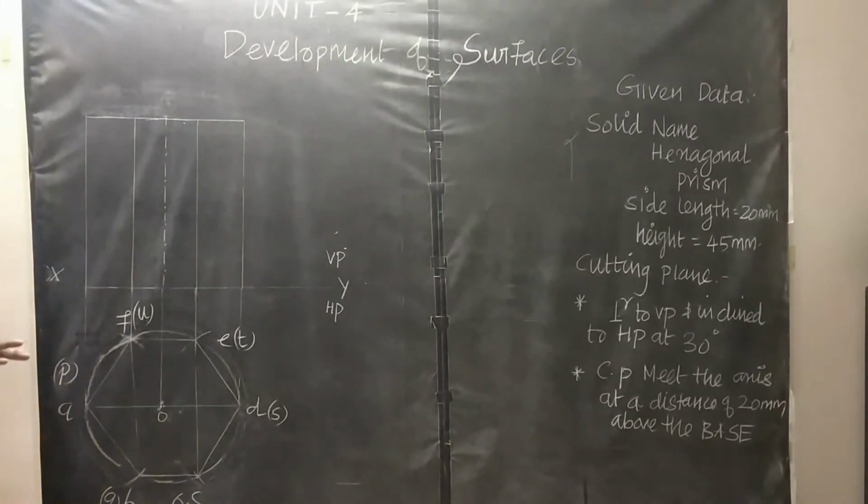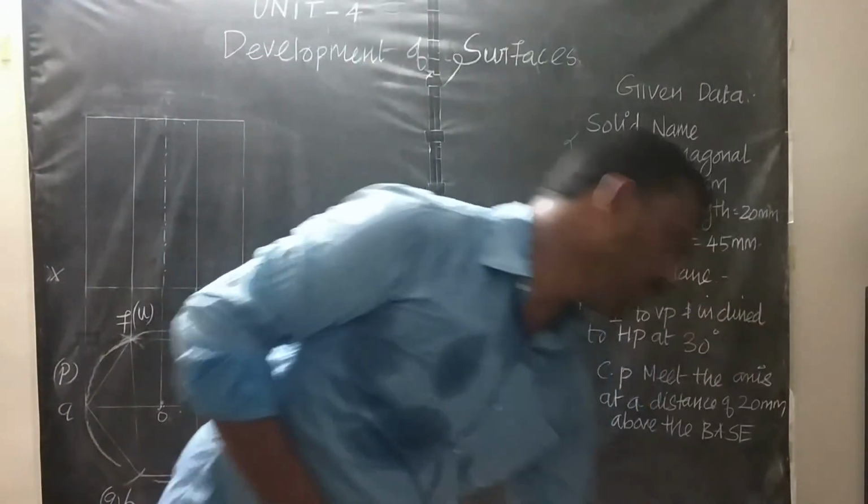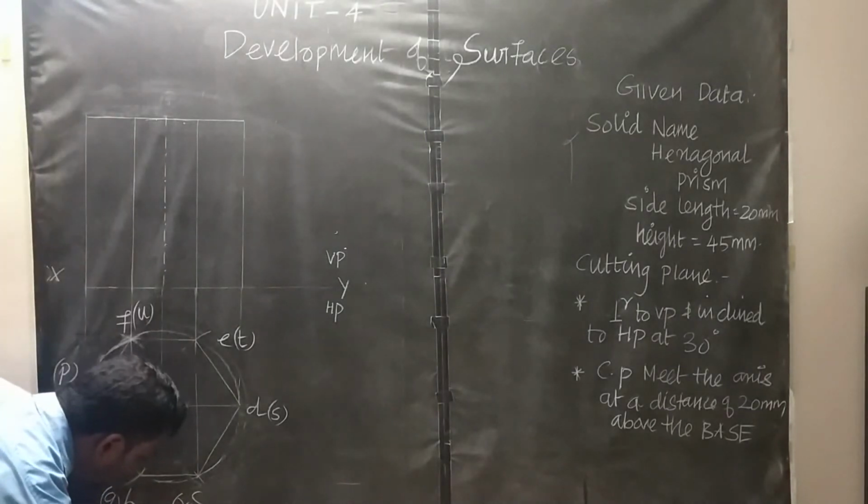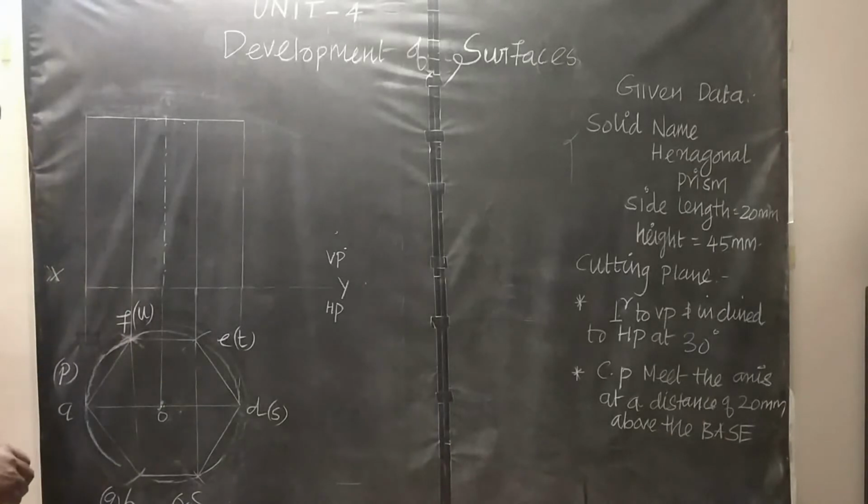Still some work is pending. Here the naming is missed, so let me give naming to this front view. In your front view, points A, B, C, D are visible.